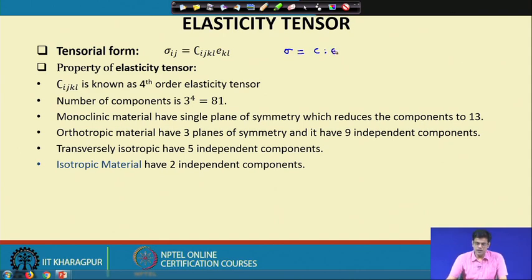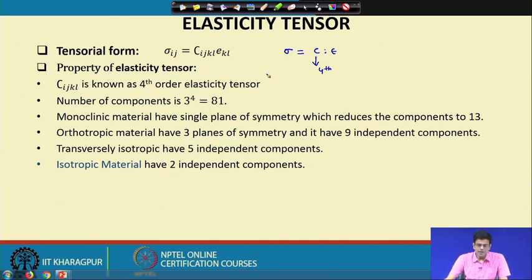Essentially C is a fourth order tensor, and sigma and epsilon are second order tensors. The number of components in this fourth order tensor is obviously 81, because 3 to the power 4. The stress tensor is 3 to the power 2, so 9, and from symmetry we get 6 independent stress components.